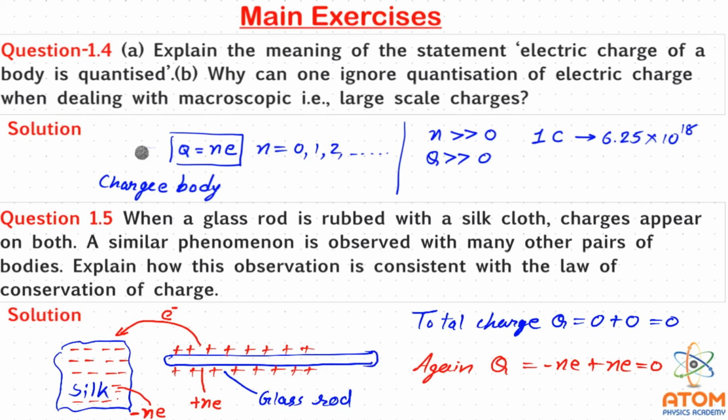You can see that Q initial and Q final are both the same amount. Initially Q initial was 0 and Q final is also 0. So this process is basically an expression of the law of conservation of charge. The law of conservation of charge is not violated here, as you can see.